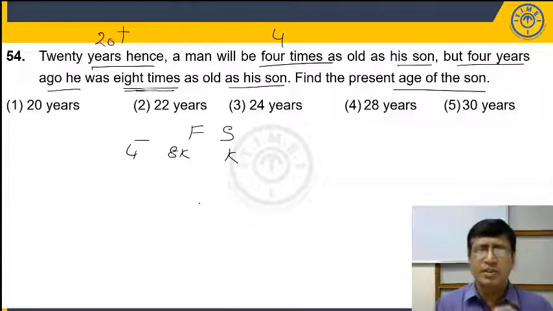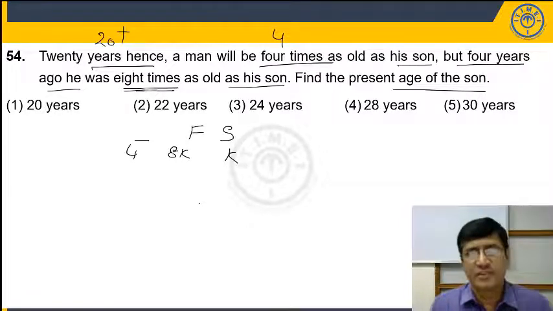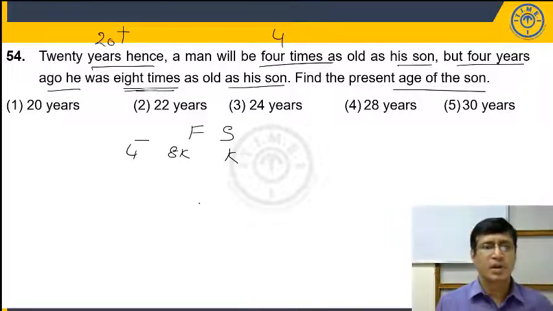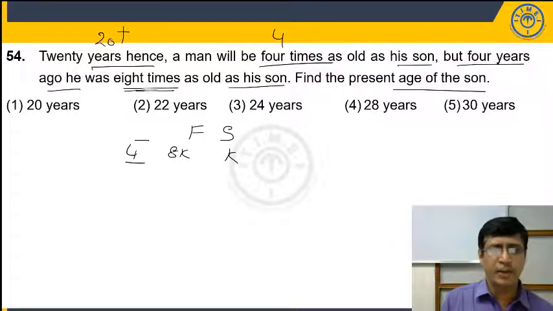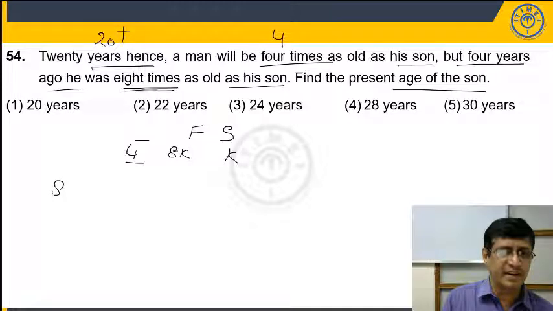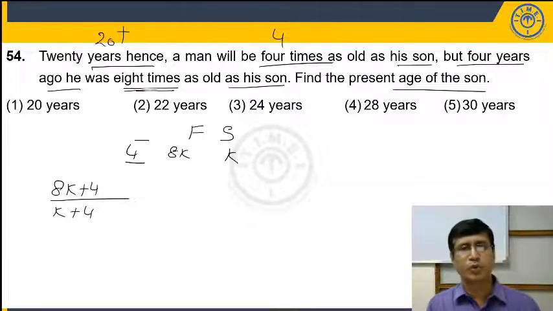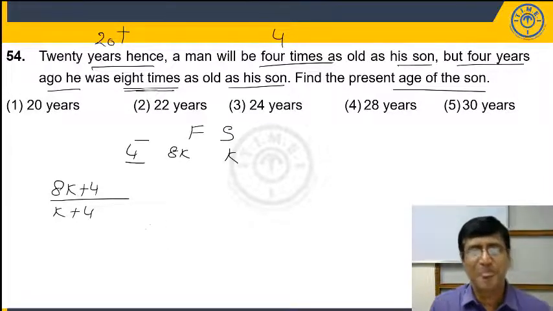My dear students, if you take my age as 20 years, 4 years ago, then what is my present age? It's very simple, 20 plus 4. In the same way, 4 years ago 8k and k, so now the present ages are 8k plus 4 and k plus 4. These are the respective ages of the father and son.